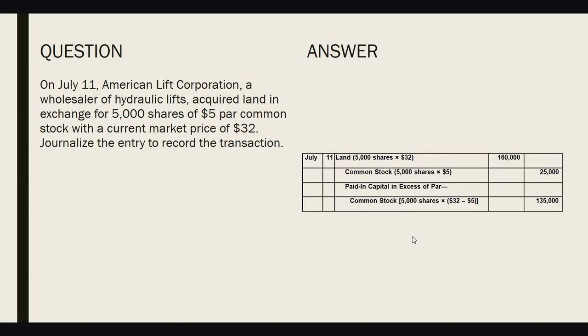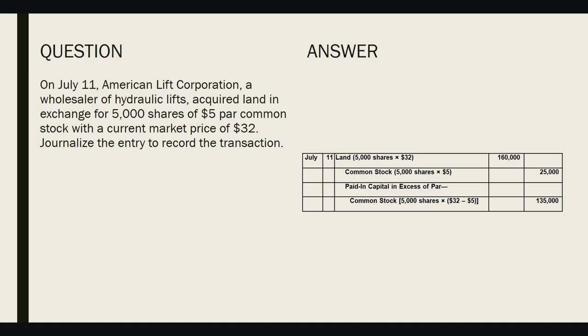In this next example, we have American Lift Corporation. They acquired land in exchange for 5,000 shares of $5 par common stock. So here we're seeing a transaction where instead of the company receiving cash for the sale or issuance of stock, we are in turn getting land in exchange.